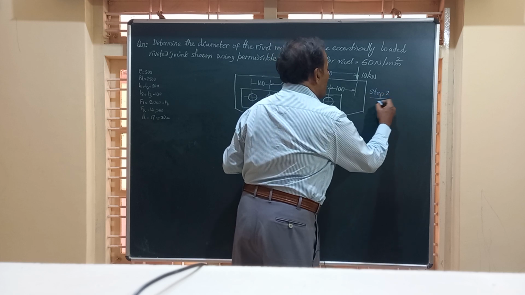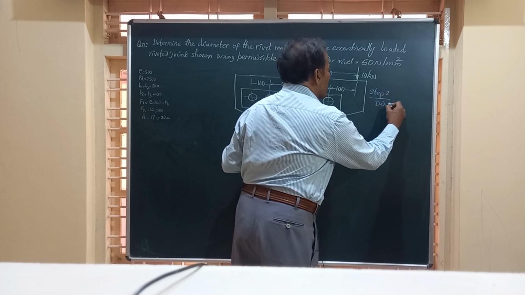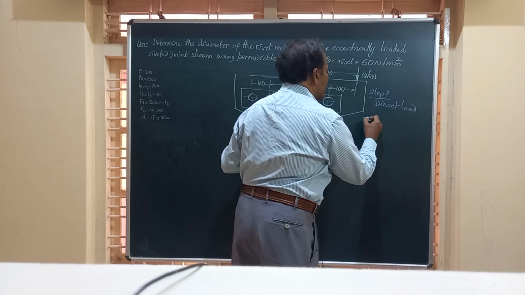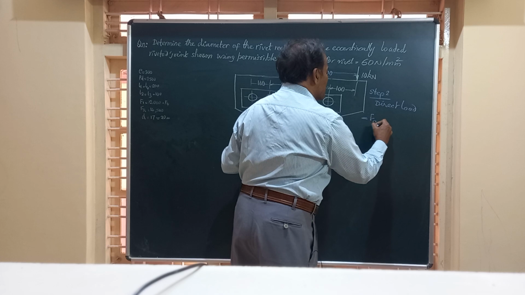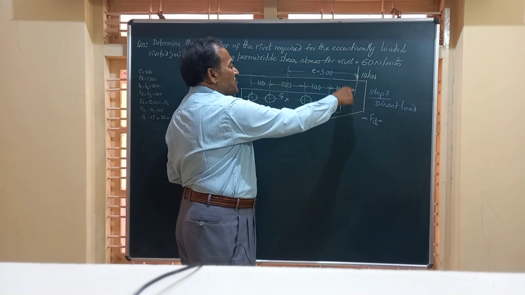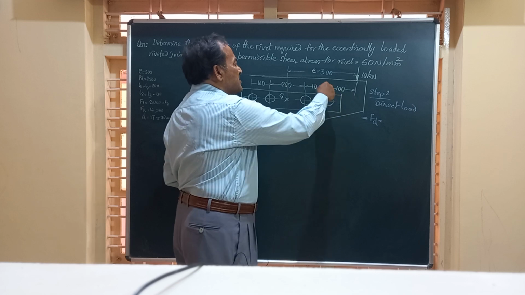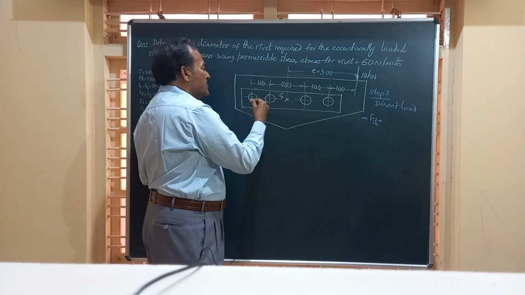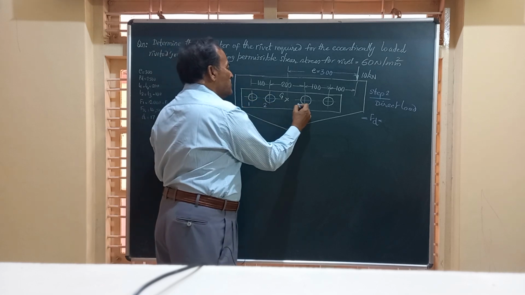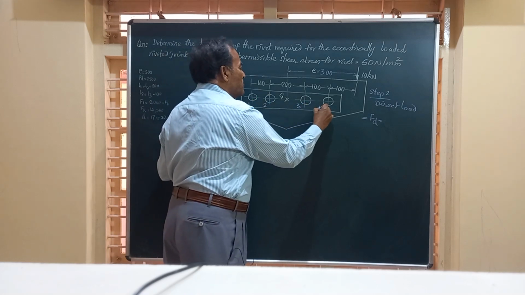find out the direct load, which we call FD. Friends, the load of 10 kilonewton is equally shared by all these four rivets. I'll just call these rivets 1, 2, 3, and 4.